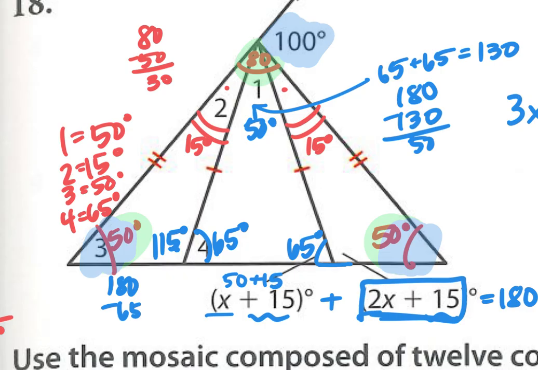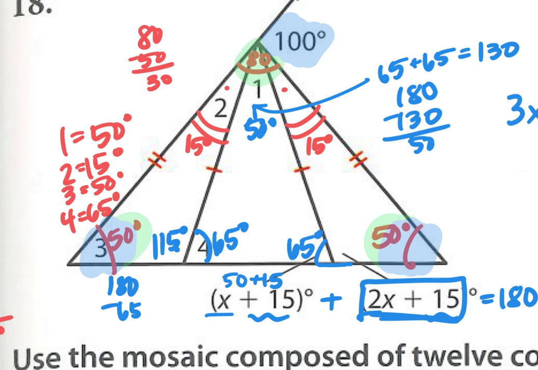I like how you went straight to the equation x plus 15 plus 2x plus 15 equals 180, and started by solving for x, not focused on 1, 2, 3, or 4. Always keep that mindset, because it will help you not be fixed on finding a certain thing first. We may all approach it differently, but still get the same answers.